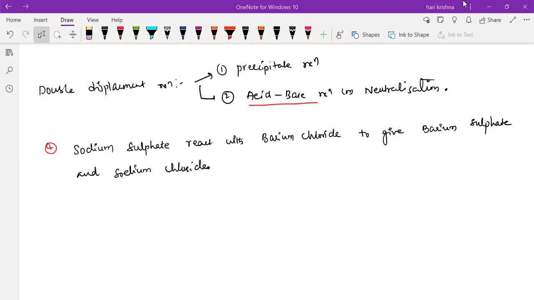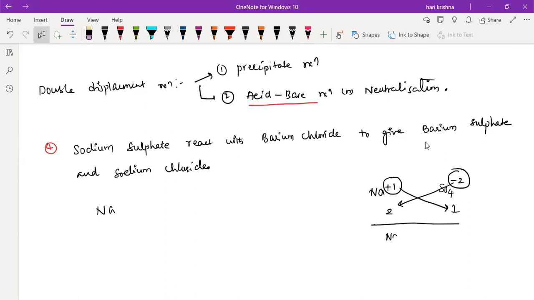Okay. How to find the sodium sulfate formula first? Na will show +1 valency because it belongs to the first group. Next, sulfate will show -2. Just take the numbers only, don't take the symbols. So Na is 2 here, 1 is here.